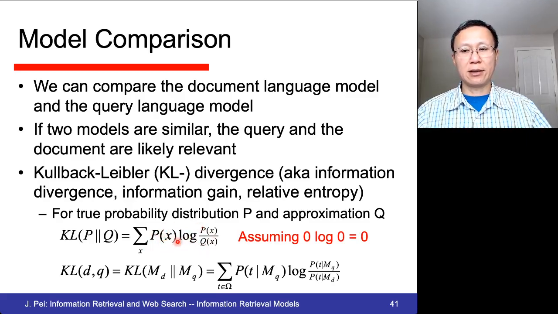Here we make a rule that if P(x) is 0, then 0 times log 0 will be 0. And in such a way, we can calculate the KL divergence of P given Q in this formula.